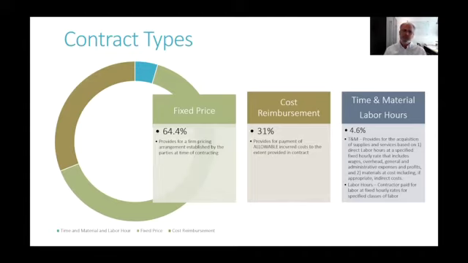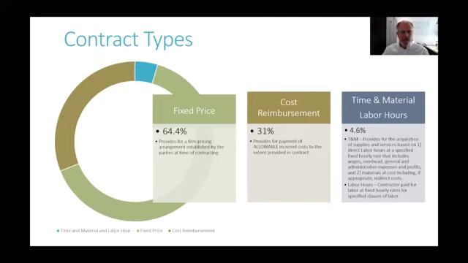And then real quick, there are three general types of contracts that you can get: fixed price, cost reimbursement, and time and material. Time and material, labor hours, is very similar to cost. The big difference on cost is that to do a cost-based contract, you have to have an approved accounting system.